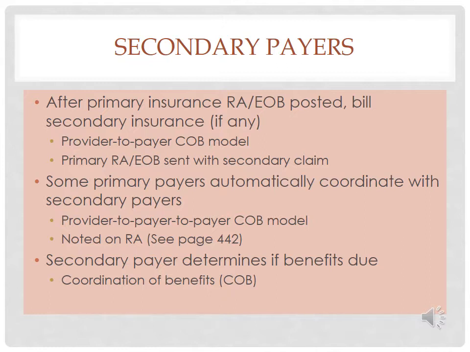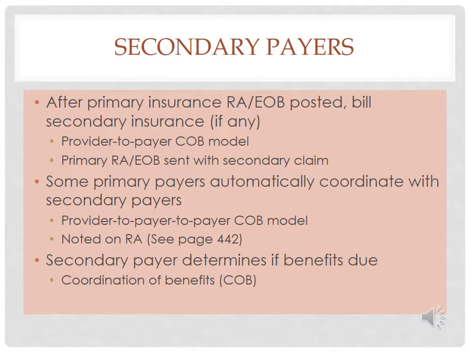The provider to payer coordination of benefits model is followed, and sometimes the primary payers automatically coordinate with the secondary payers. So it depends on the different programs involved, whether it's an automatic submittal to the secondary payer or if it's something that needs to be done through the provider's office.